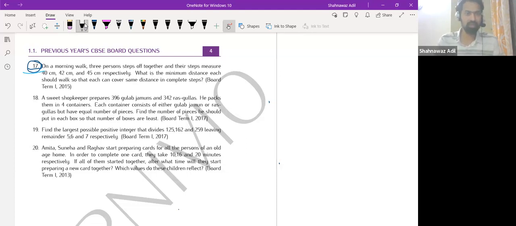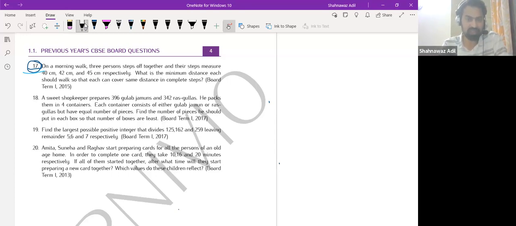So he has prepared these numbers of gulab jamuns and rasgullas, and he packs them in 4 containers. I don't know why this information was given, but this is not needed. And each container consists of either gulab jamun or rasgulla, but with an equal number of pieces, right?